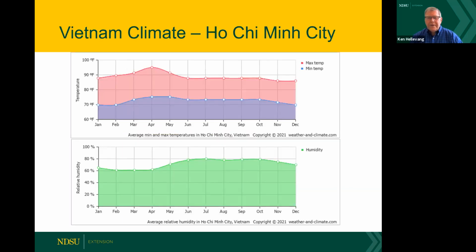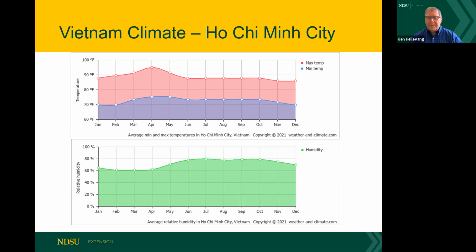It's important to think about the climate that we're going to be storing the grain in. And I have chosen to show the climate for Vietnam. The first visual is for Ho Chi Minh City. This visual happens to be in degrees Fahrenheit.